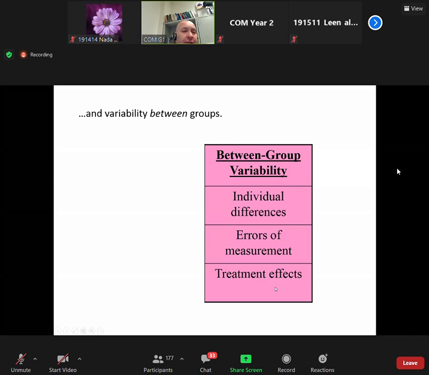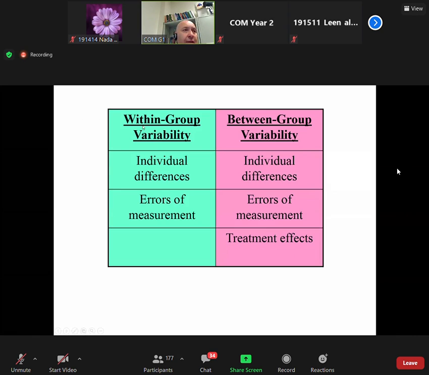If, let's say, treatment 1 gives higher scores than groups 2 and 3, then that will make the differences between the means larger. Whereas if the null hypothesis is true, then the treatment effects will be 0, basically. There are no treatment effects.